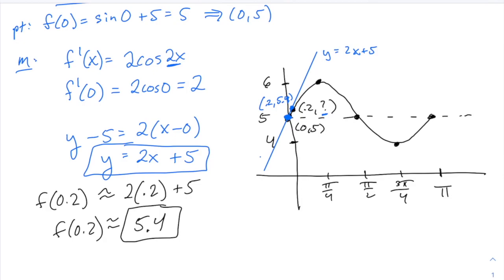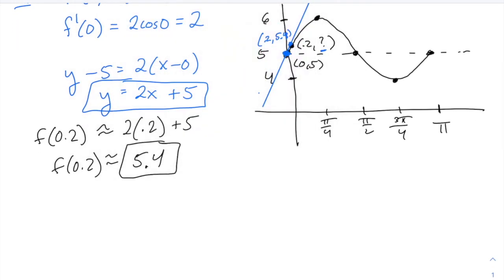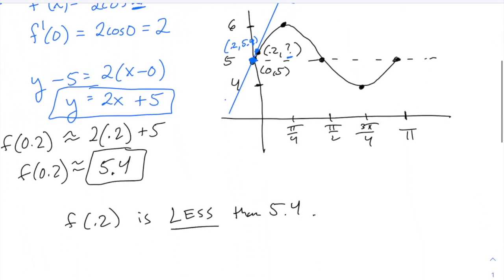So my estimate is going to be more than the actual value. So the true value of f of 0.2 is less than 5.4. Oh, sorry, I didn't answer the question the way it's asked. That's an AP thing.